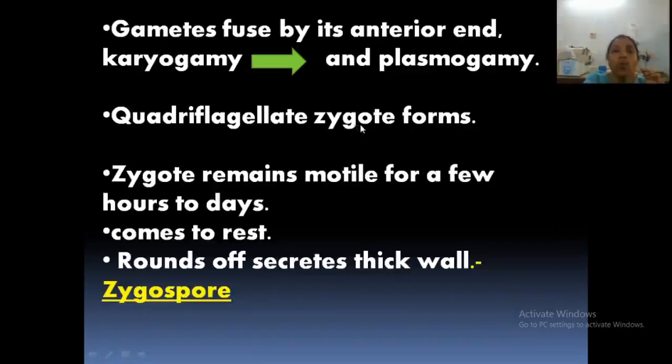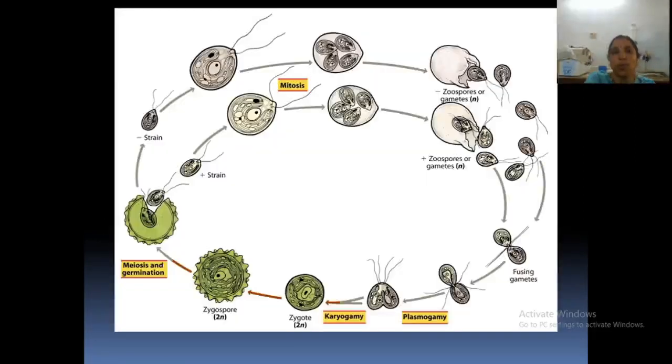Now this zygote is motile for some time, and later it comes to rest. It produces a thick wall around the zygote, and now you can call it a zygospore. Clear? So fusion at the anterior end, it becomes a quadriflagellate structure, fusion of nucleus, fusion of protoplasm, then the flagella are withdrawn or lost. It produces a thick covering around it. Now you can call it a zygospore.